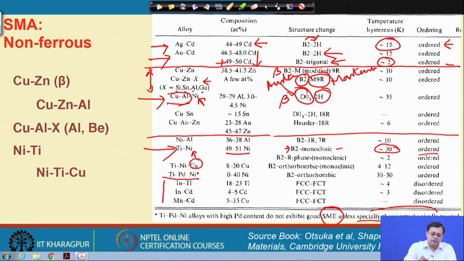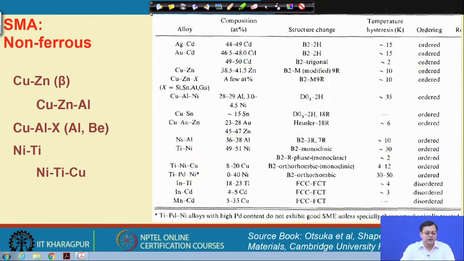So, these are some of the very important systems that we have discussed, and out of all these I specifically would like to discuss copper-zinc, where beta is the parent phase and aluminium is added to copper-zinc, and the second system is copper-aluminium, where some amount of beryllium is added.